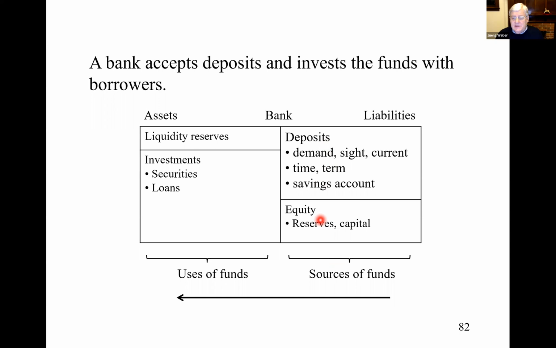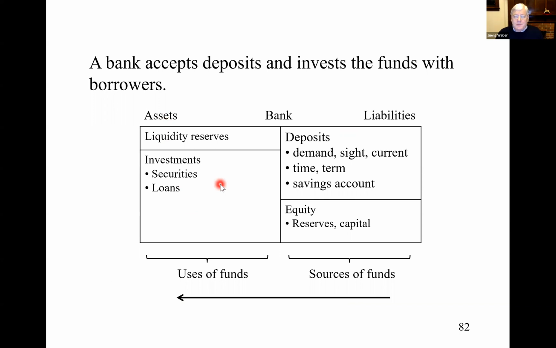So here that's the funds provided by the shareholders of the bank. And then the uses of the funds are the investments of the bank. So the money basically flows through the balance sheet of the bank. And we show here the situation at a specific date. What are the assets and the liabilities of the bank at some specific date?